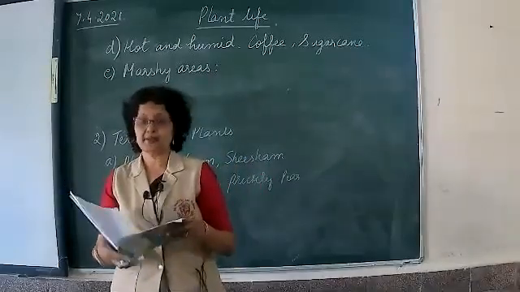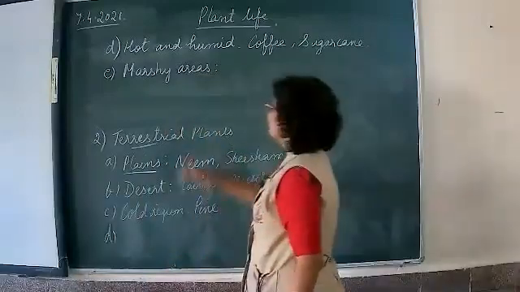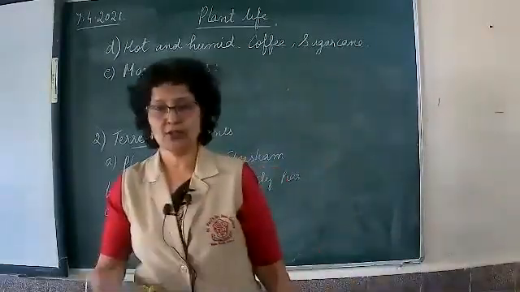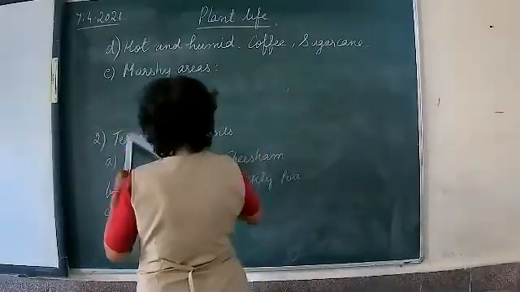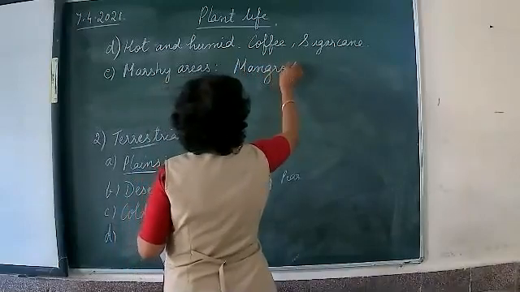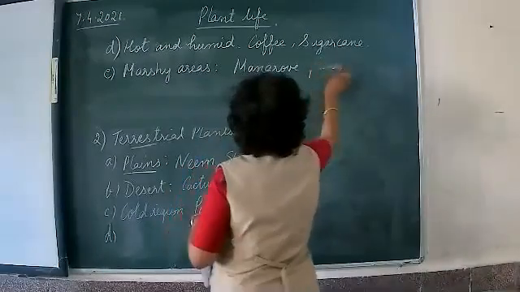So these plants have special breathing roots that come out of the soil, and so they are called mangrove. These plants which grow here are called mangrove plants, mangrove trees.